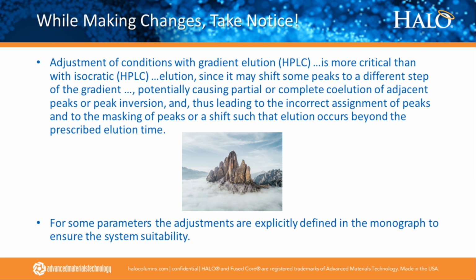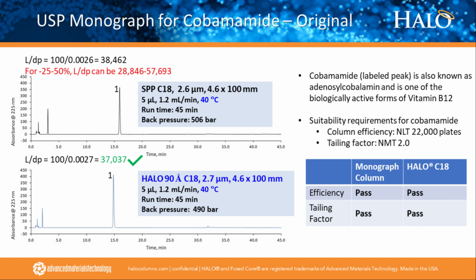And then for some parameters, the adjustments are explicitly defined in the monograph to ensure system suitability. So here we have the USP monograph for cobamamide, and this cobamamide, our labeled peak, is also known as adenosylcobalamin, and it's one of the biologically active forms of vitamin B12.